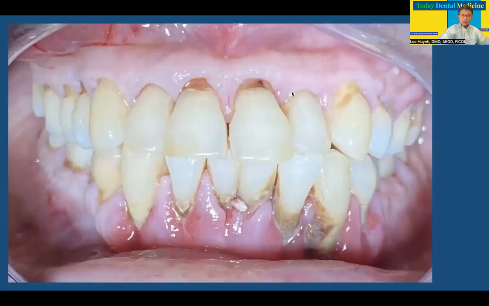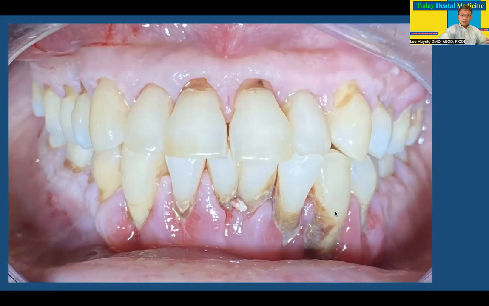This is an example of a case we saw yesterday. The patient hadn't seen a dentist for more than 10 or 15 years. The upper teeth have a lot of abrasion, which is a condition of either decay or wear and tear at the gum level. On the bottom, he not only has abrasion but also plaque accumulation around the teeth and a lot of inflammation.